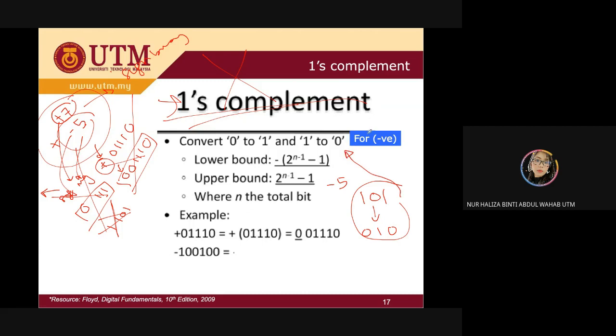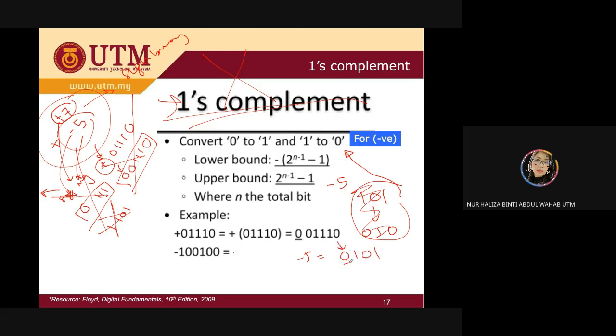But in the question, it will always give you how many bits you have. So let's say over here, it will give you 4 bits. Of course, if it is 4 bit, 5 will be 0101.